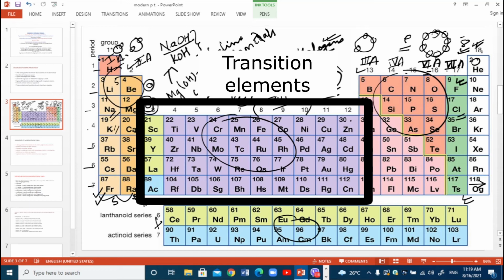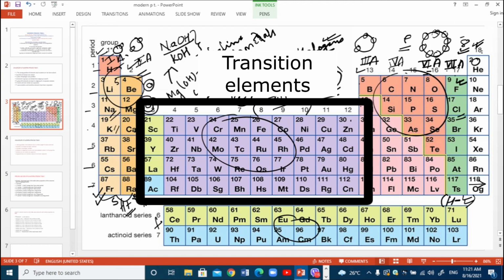Block D elements have their electrons being filled in the D subshell, which we'll study later. That is why these are called block D elements and transition elements.